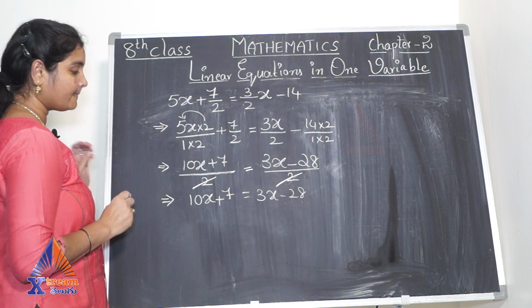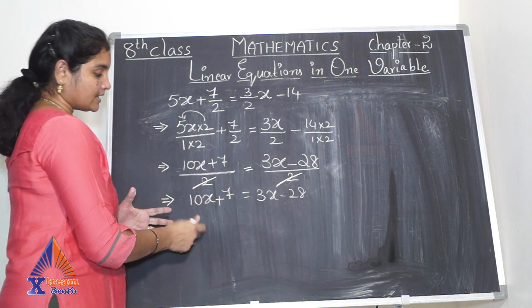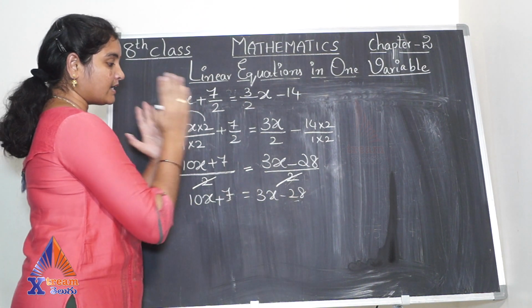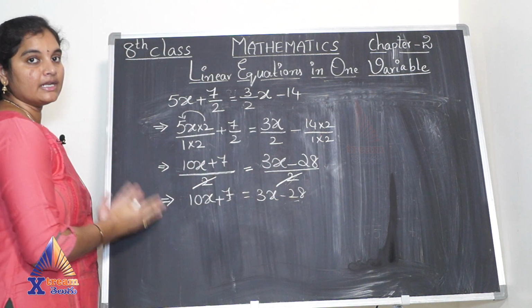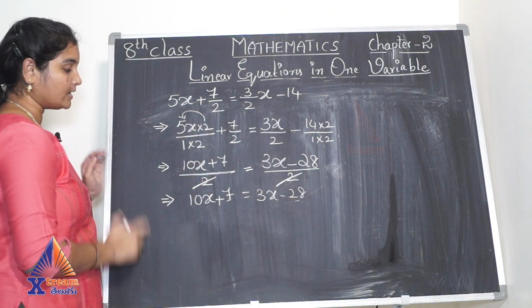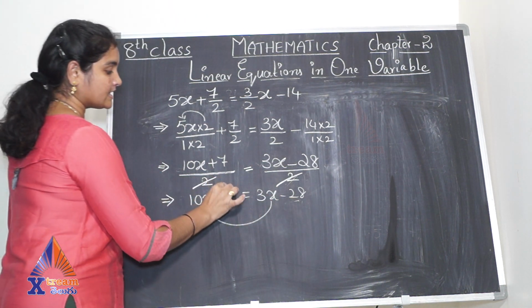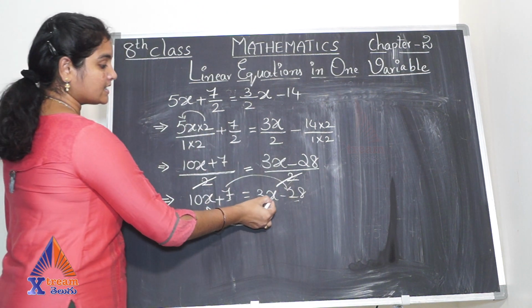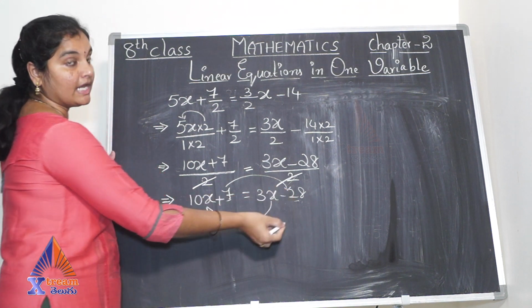Let's continue now. What we do is, we send all the numbers. Now here you have 7 and minus 28. We'll make sure the 7 and minus 28 are on RHS and these variables are on LHS. So this 3x will come to this side and this 7 goes to the other side. Now this 3x is getting added here, but this is minus 28.